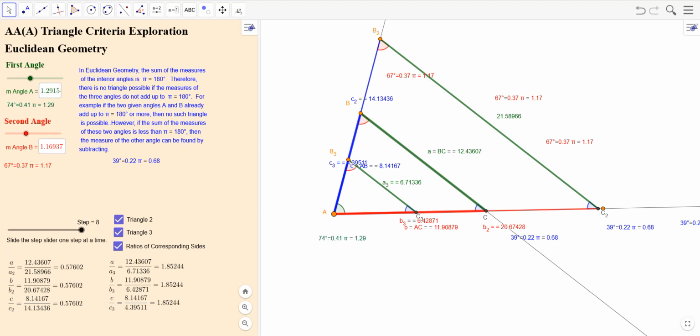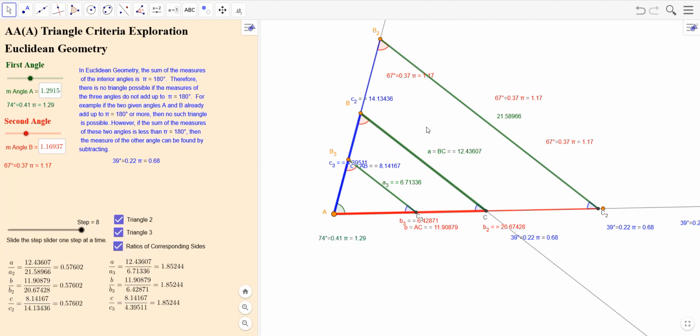The ratio of corresponding side lengths is always a constant, a different constant depending on how big you pick it, but a constant, a scale factor. That makes what we call similar triangles. Similar triangles have congruent angles, but not necessarily congruent sides, but the side lengths are proportional.